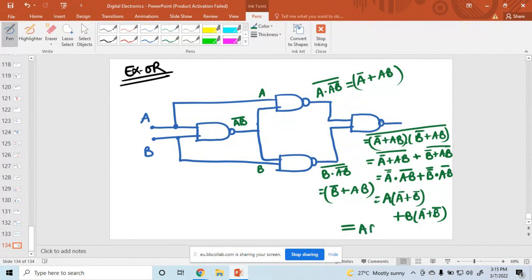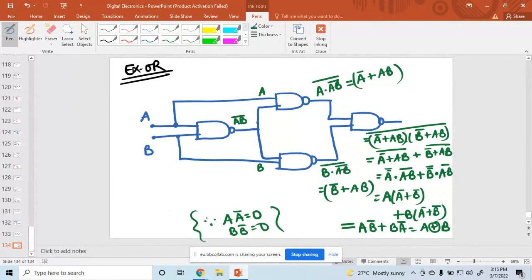So the value is AB bar plus BA bar, and this is called A XOR B. So here the final output is A XOR B, and the input is A, B.